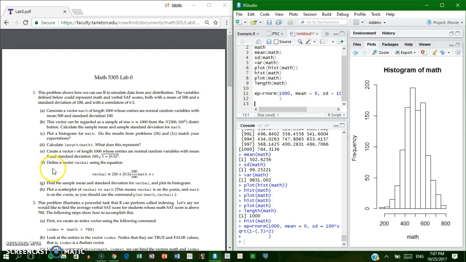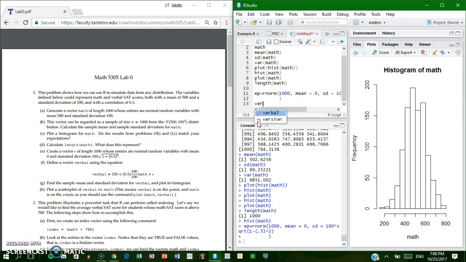Now part F asks us to define a vector verbal using the equation below.